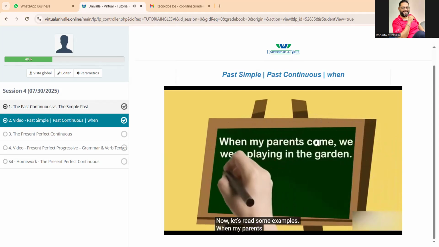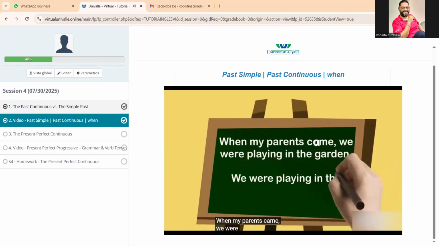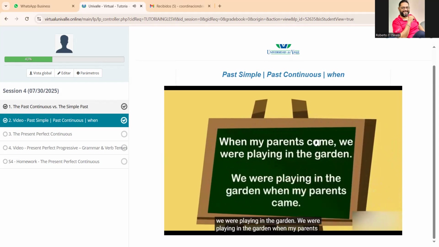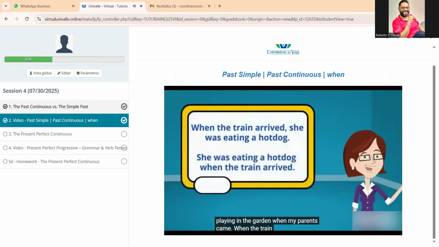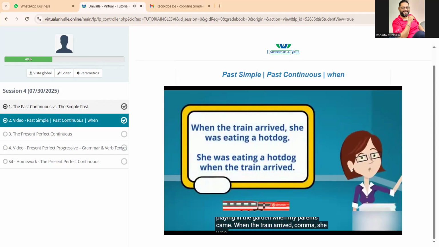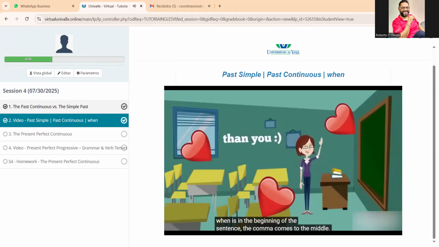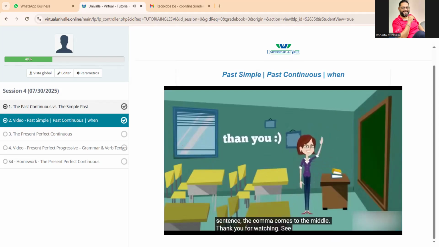When my parents came, comma, we were playing in the garden. We were playing in the garden when my parents came. When the train arrived, comma, she was eating a hot dog. She was eating a hot dog when the train arrived. So, if when is in the beginning of the sentence, the comma comes to the middle. Thank you for watching. See you later.